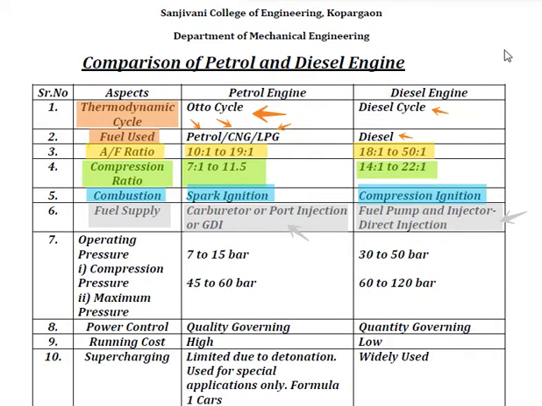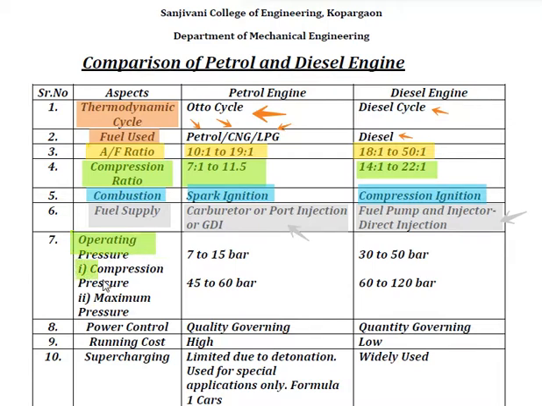The next comparative point is the operating pressure. What are the operating pressures for a petrol engine? First is the compression pressure.